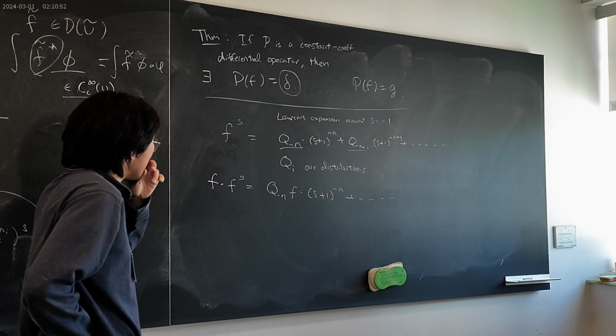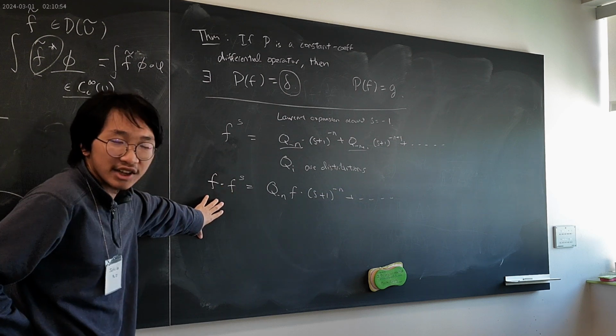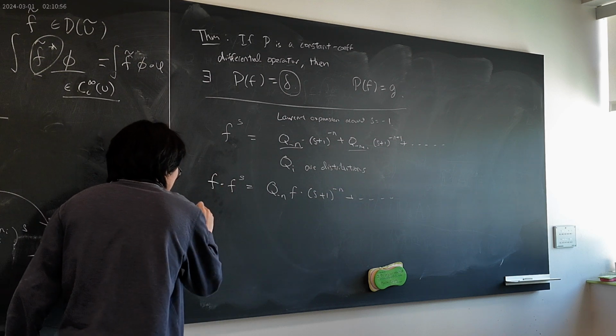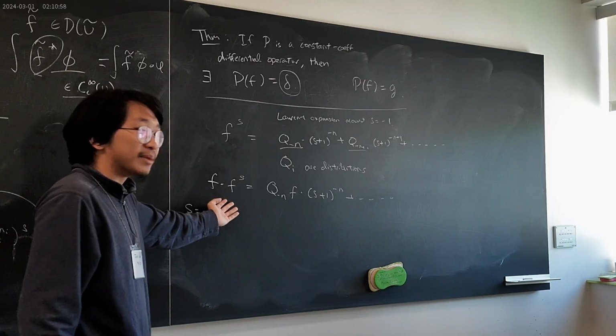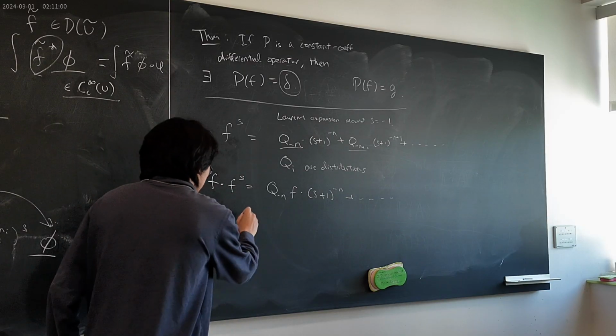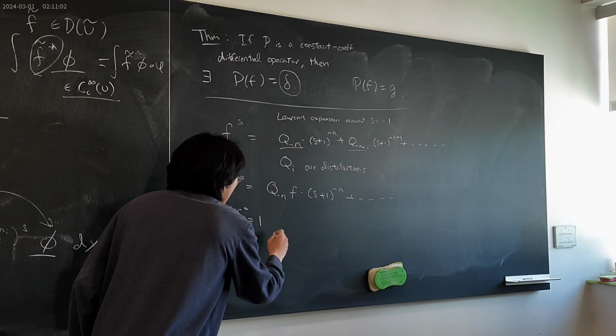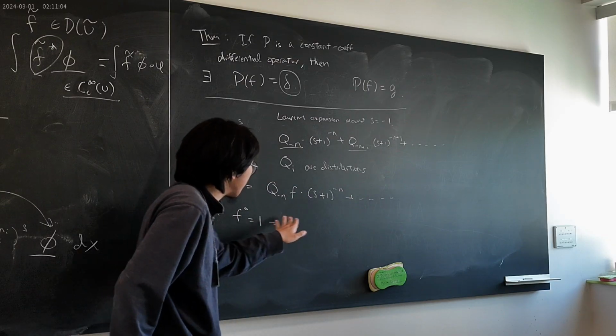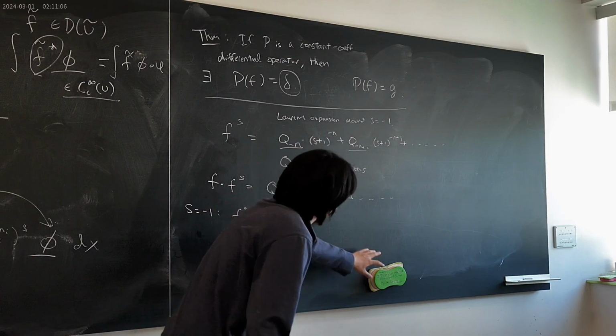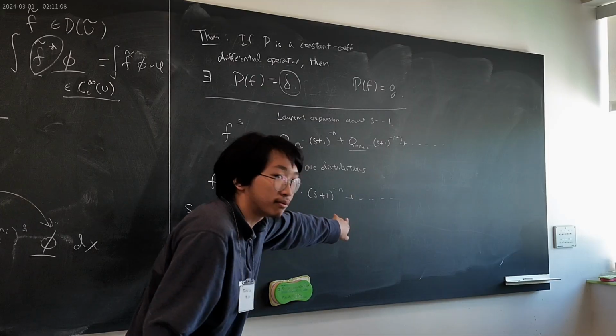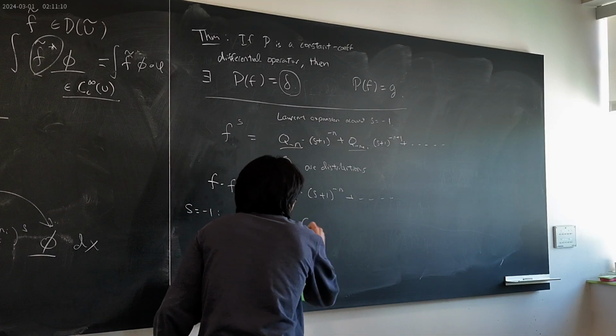But now if we evaluate this at s equals -1, this is nothing but 1. This is f to the 0. It's 1. And so the Laurent series expansion over here is going to have to be, well, we can't have any poles.